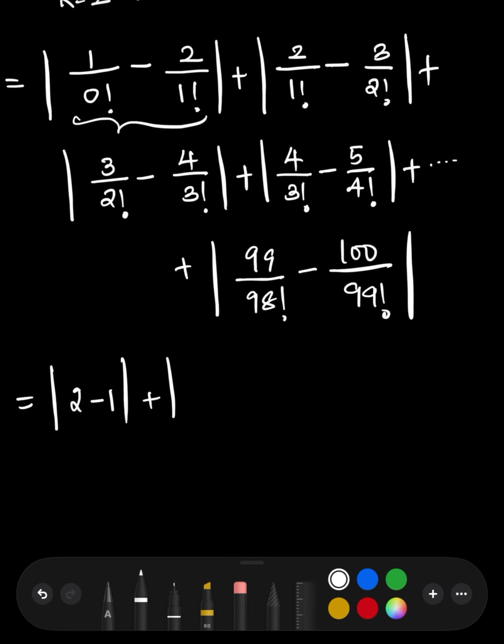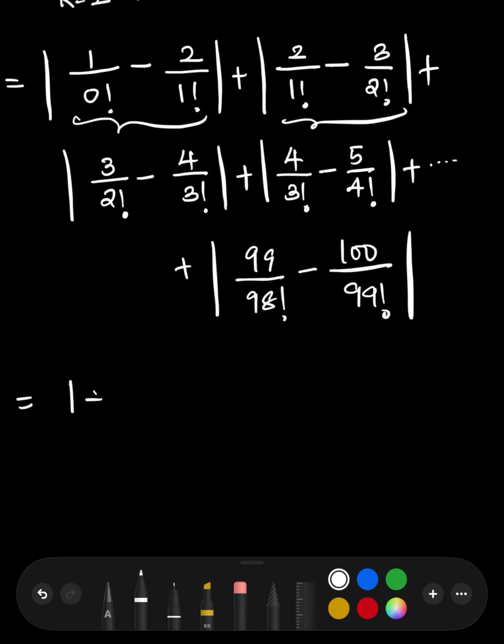I just want to keep it as it is. Since it is a positive quantity, there's no need to write the modulus. So here the first term is 1 itself, because that is 2 minus 1, that is 1 only.